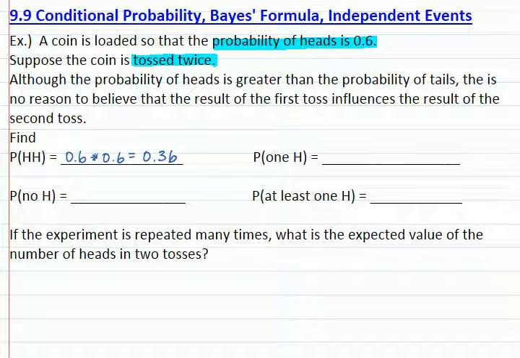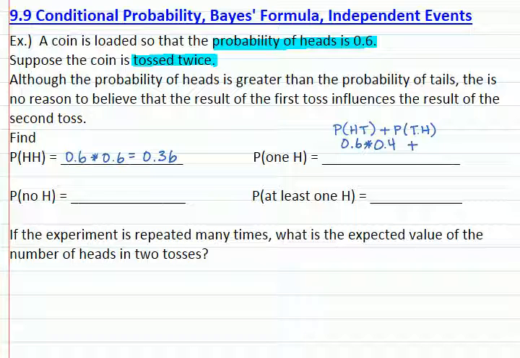To get one head, either I get a head first or I get a head second. These are disjoint events, so I'm going to add the two probabilities. The probability of getting a head first is 0.6 and tail second 0.4.